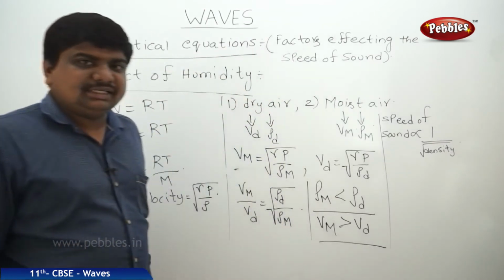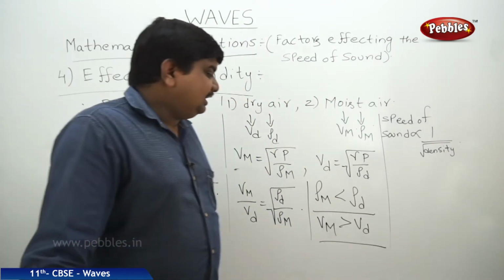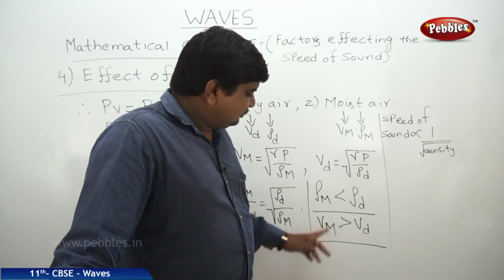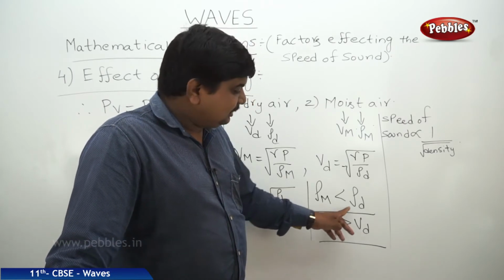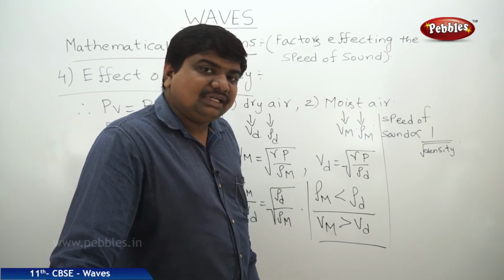Where Vm is speed of sound in moist air, Vd is speed of sound in dry air, rho m is density of the moist air, rho d is density of the dry air.